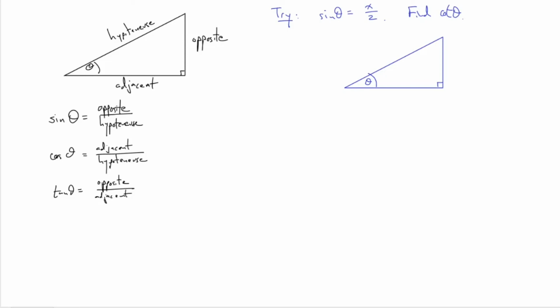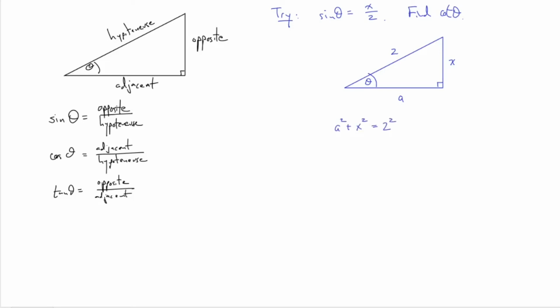Okay, you draw your right triangle, you label one of the angles theta. The sine of theta is x over 2, and the easiest way to make that happen is to make the opposite side equal to x and the hypotenuse equal to 2. We will once again name the remaining side a, and then use the Pythagorean theorem to compute a.